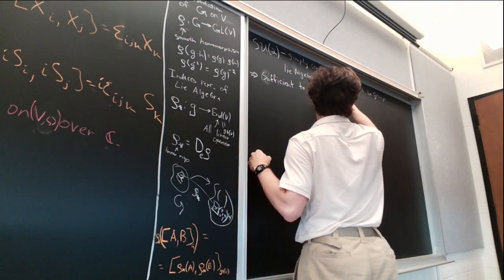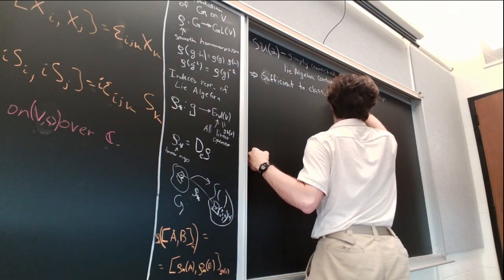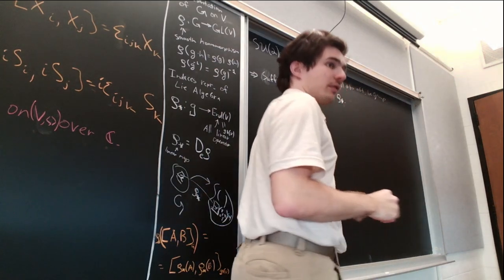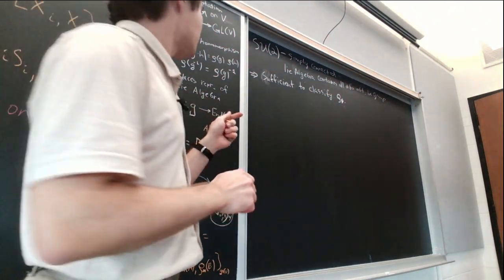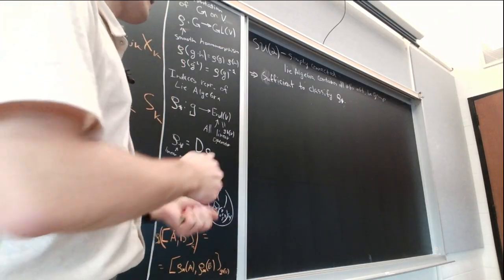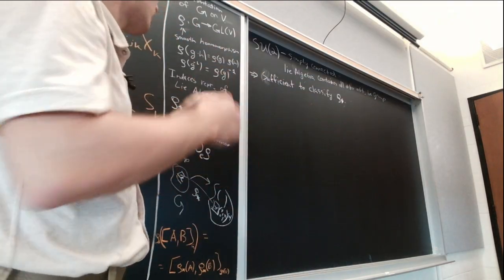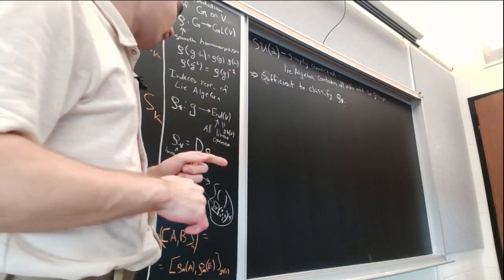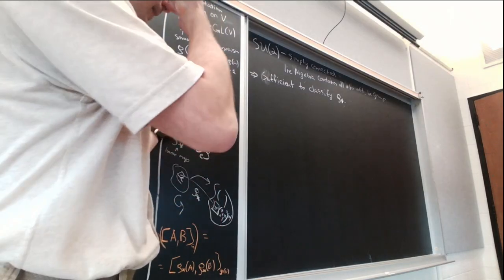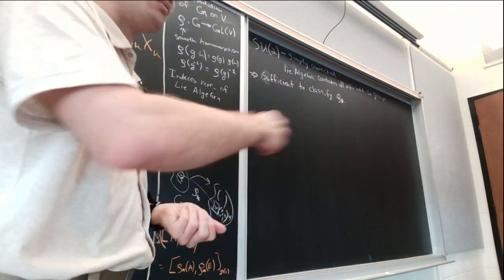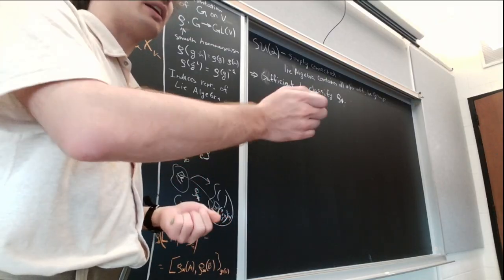So it's sufficient to classify rho star instead of rho. And rho star should be, in principle, much easier to classify. Rho is some smooth map that has some complicated property, but rho star is much simpler. It's some linear map, and I'm just trying to classify particular kinds of linear maps.